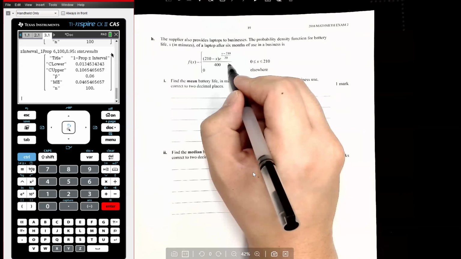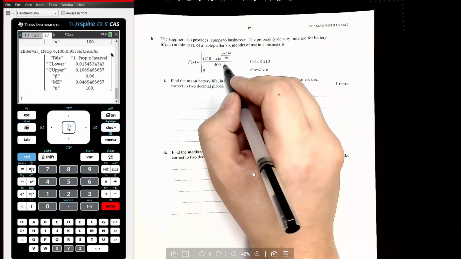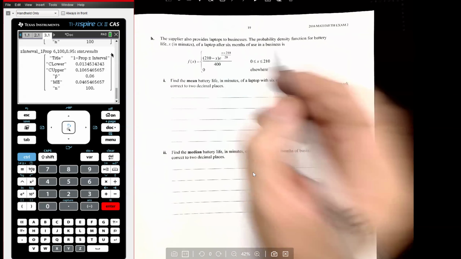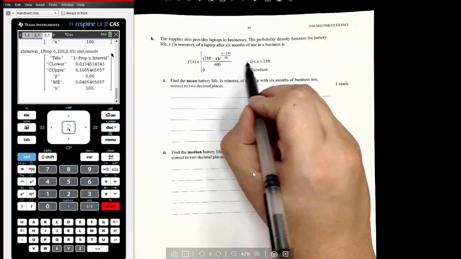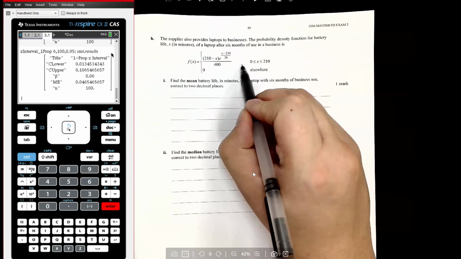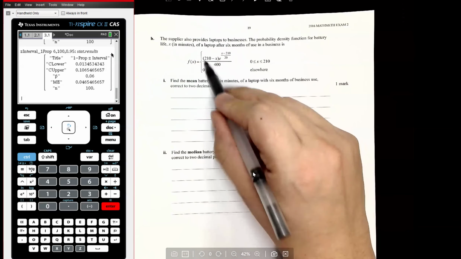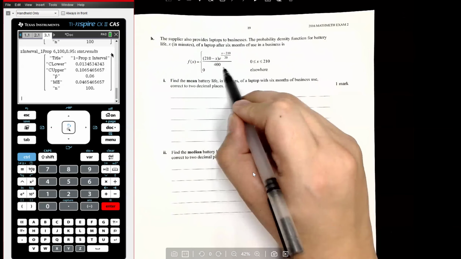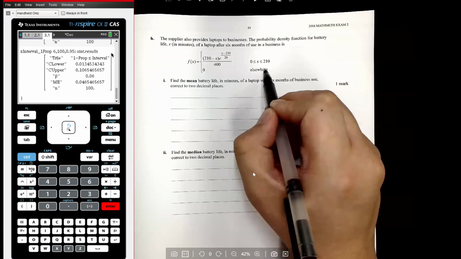This is called an exponential distribution, or actually I should say some kind of special gamma distribution or Erlang distribution. Anyway, the lower bound here should be minus infinity, but they truncated the small bits from minus infinity to 0. That's why when you integrate this function from 0 to 210, it doesn't give you exactly 1.